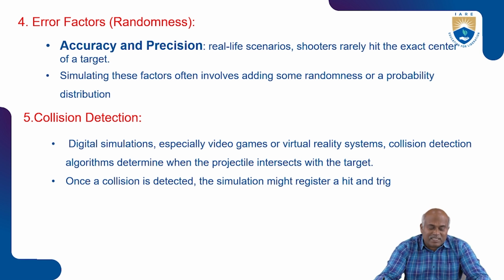Next is collision detection. In digital simulation, especially video games or virtual reality systems, collision is detected by an algorithm that determines when the projectile interacts with the target. If we have two or three people playing cricket, a collision is going to happen.